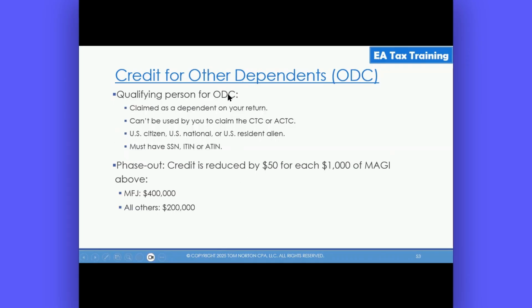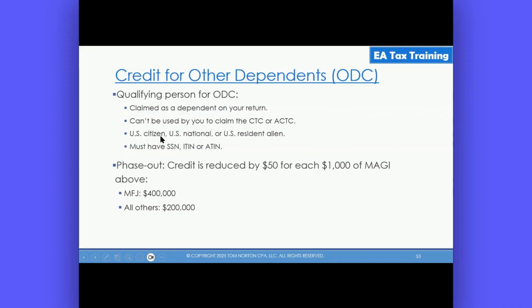In order to qualify for this, a qualifying person has to be claimed as a dependent on your tax return, just like with the child tax credit. It cannot be used if you do claim the child tax credit for that child. So you can't claim the same person for both the child tax credit and the credit for other dependents.